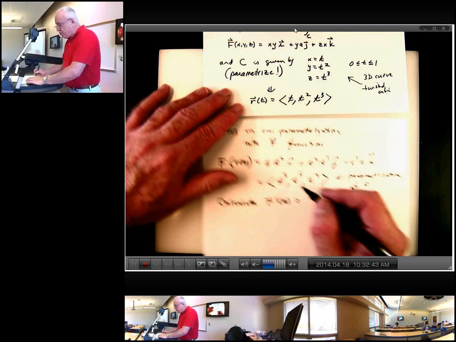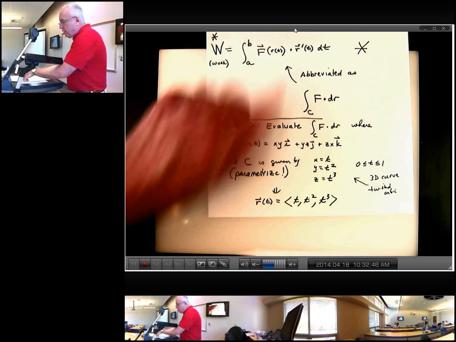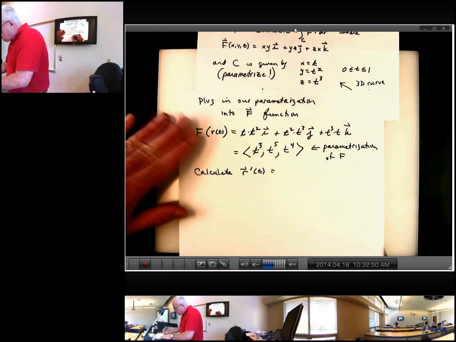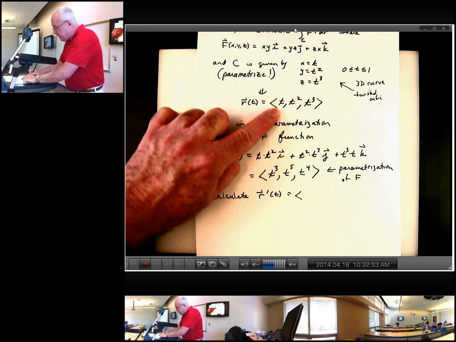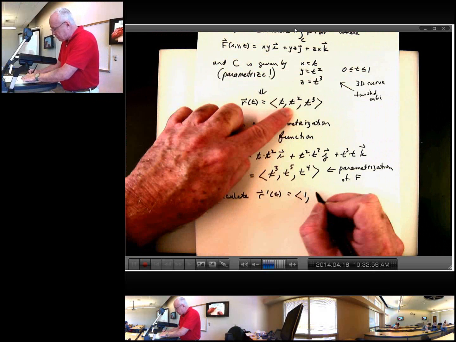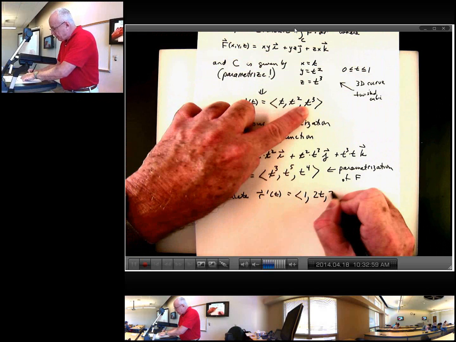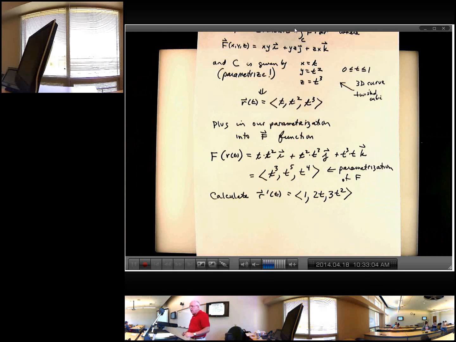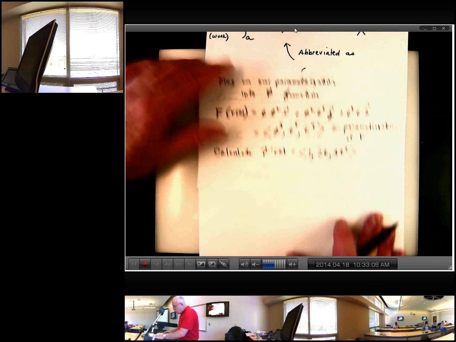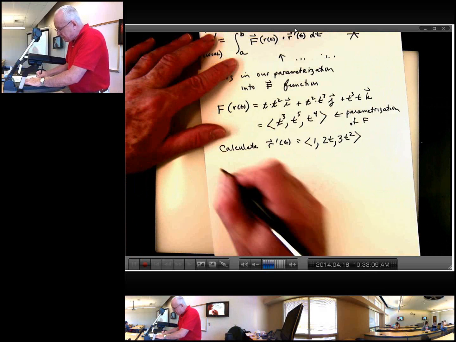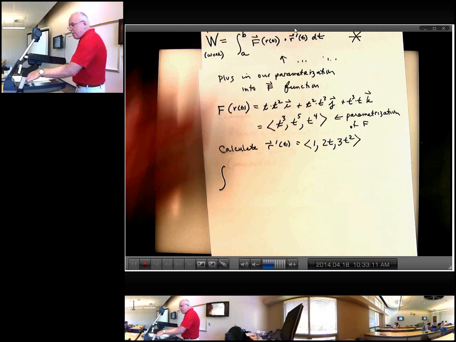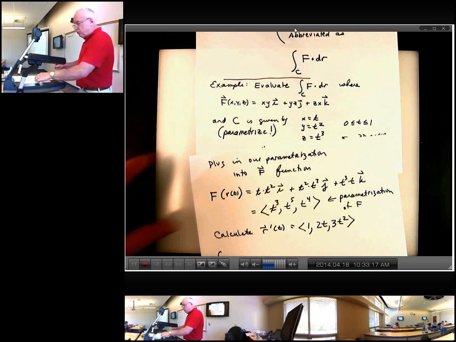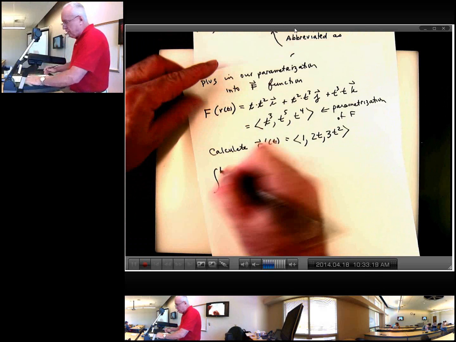Now, as part of our work, I have to get the first derivative of that. Derivative of t is 1. Derivative of t squared is 2t. Derivative of t cubed is 3t squared. All right, we're ready to write this down. What are our bounds of integration? A and B. We're told that t ranges from 0 to 1, so I put 0 and 1 there.